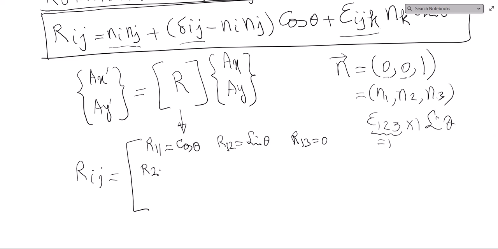R21 is 0 and delta 2, 1 is 0. So this becomes epsilon 2, 1, 3, which is minus 1, so this will become minus sine theta. And R22 becomes 0, but delta 22 is 1, so I get a cosine theta, and the permutation becomes 0.